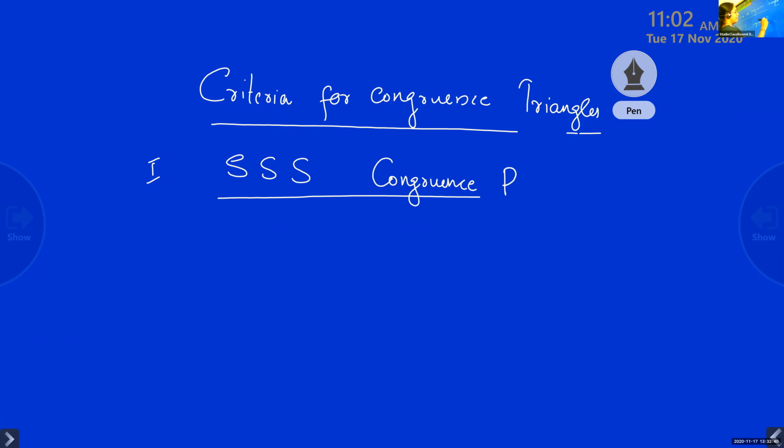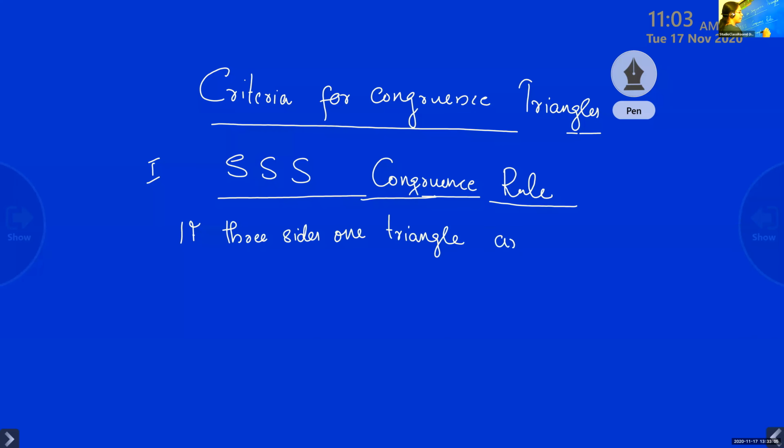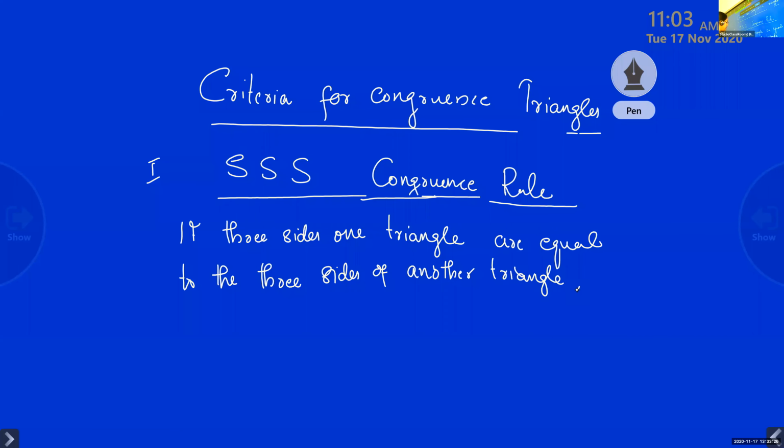Write this: if three sides of one triangle are equal to the three sides of another triangle, then these triangles are congruent.